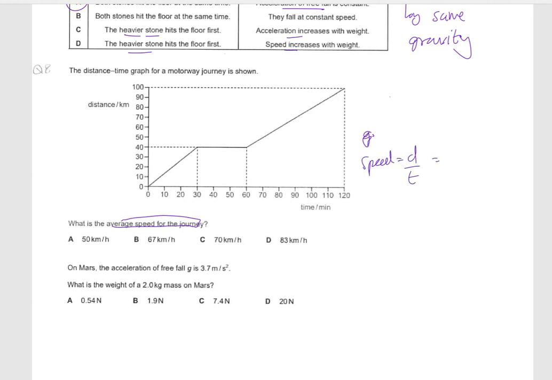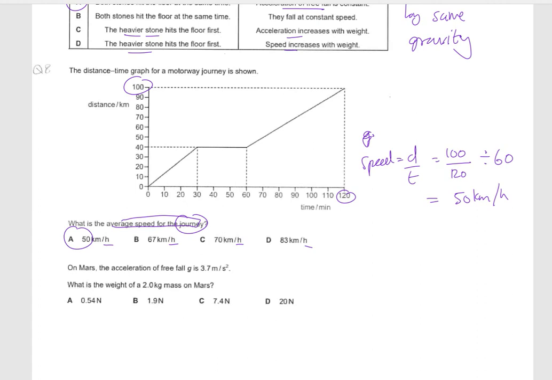The whole journey is 100, divided by 120. Now all the answers are in per hour. Therefore, I need to divide it by 60 to get my answer in per hour. So this will give me 50 kilometers per hour.